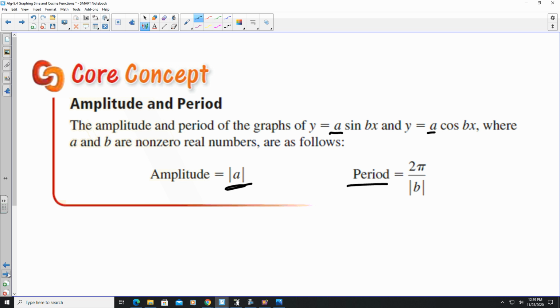The period of our function is going to be 2 pi divided by the absolute value of whatever the value of b happens to be. That's how we come up with that. And all of these different formulas are with respect to amplitude and period for those trig, sine, and cosine functions.